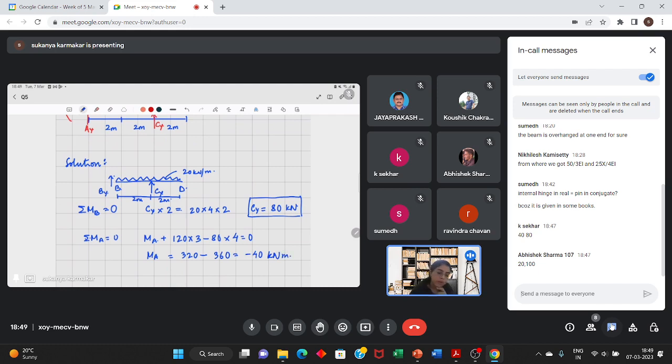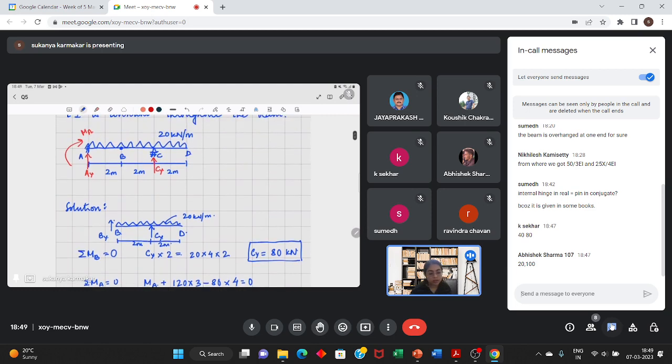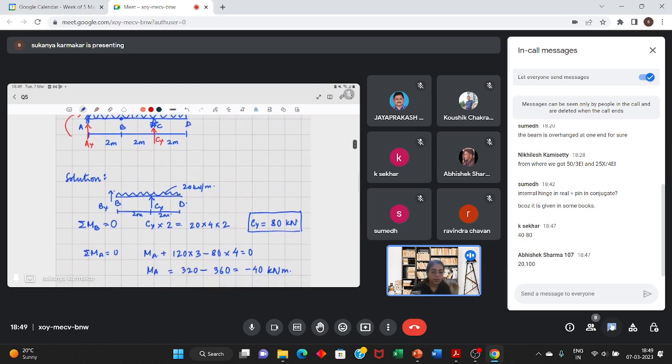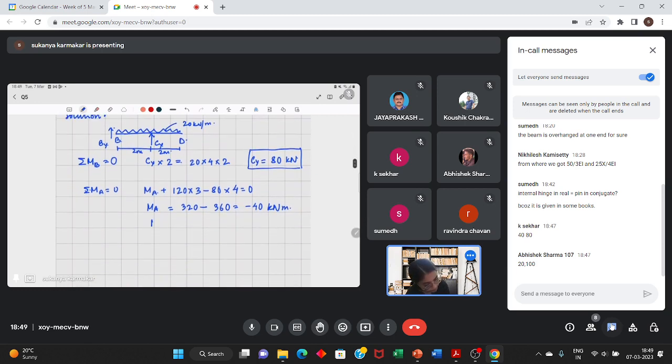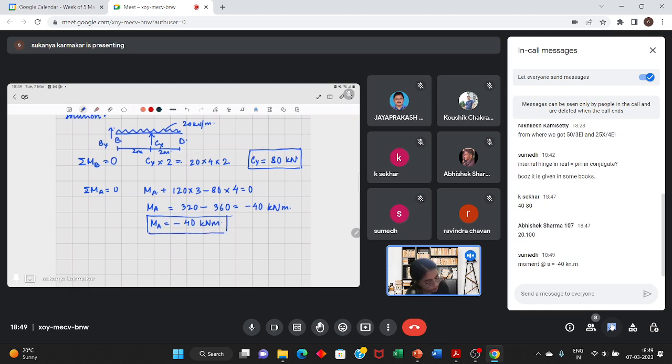Okay, this also someone has written 40 and 80, but you should have given me 3 support reactions. You have only written the numbers 40 and 80. So how do I understand which values you're talking about? So MA is 40 kilonewton meter, and I had considered it to be in the clockwise direction.